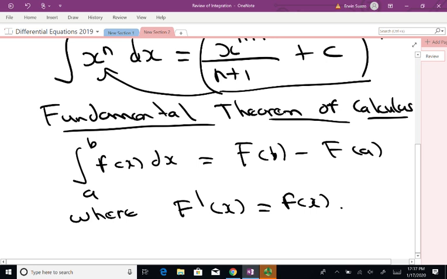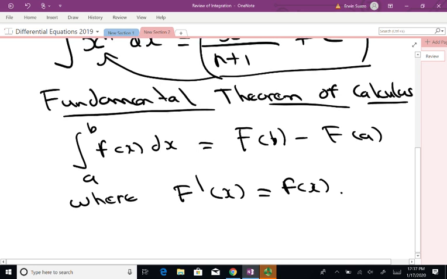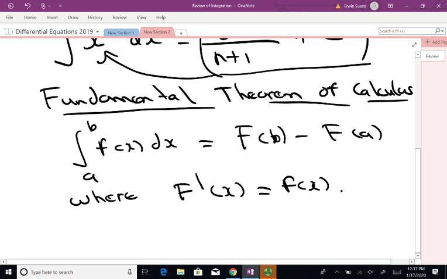And f must be differentiable in order to do this. So that's basically what we're doing: the derivative of the capital one gives me the small one.